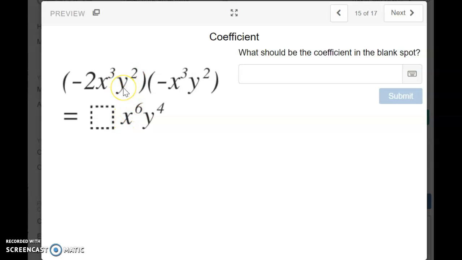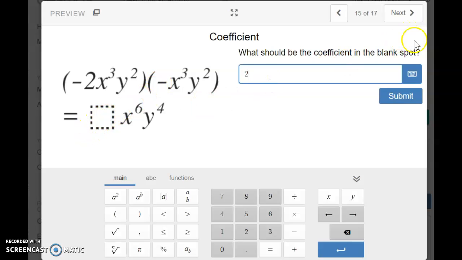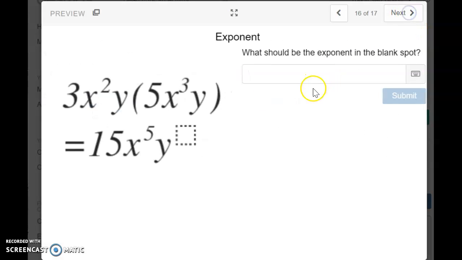Y squared is the same as y times y, and y times y. So that's y to the power of 4. Negative 2 times negative. Remember, this could be written as negative 1 here. So negative 2 times negative 1 is going to be positive 2. So this will be 2 as my answer.